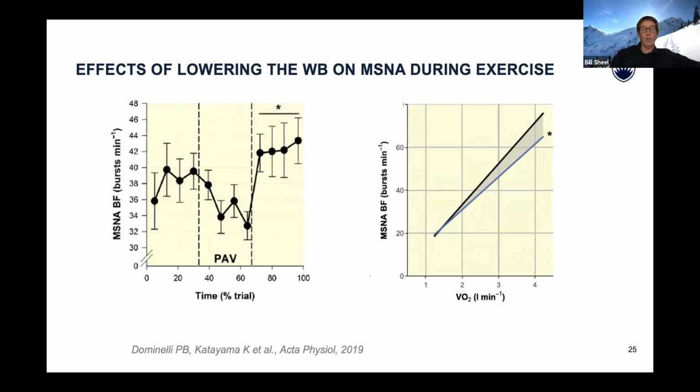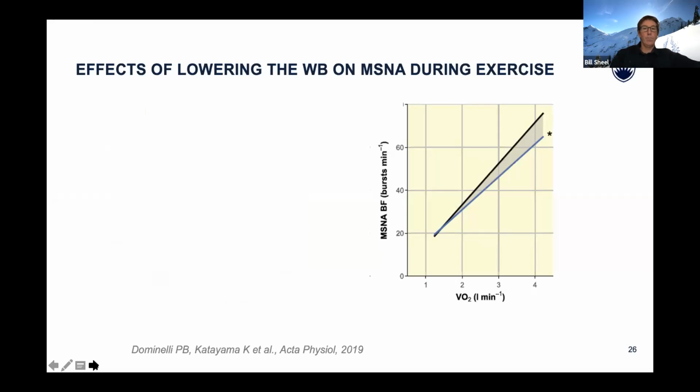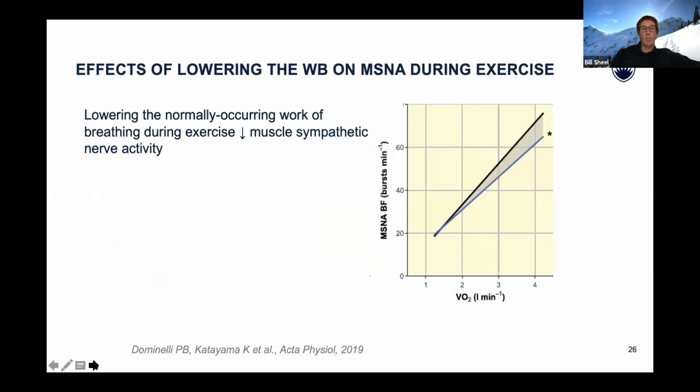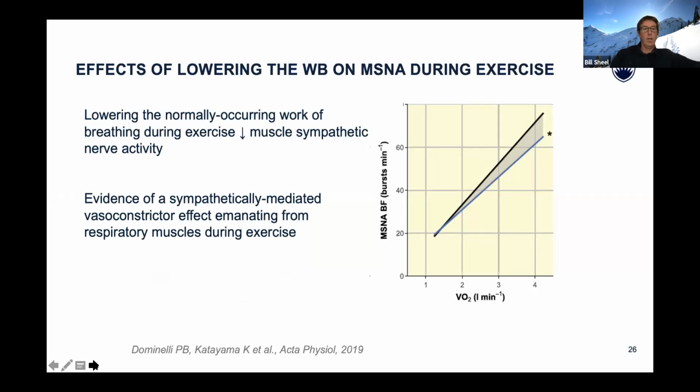So we're interpreting that the shaded gray area is reflective of the respiratory system's contribution to sympathetic vasomotor outflow during dynamic exercise. So in sum, lowering the normally occurring work of breathing during exercise reduces muscle sympathetic nerve activity. We think this is evidence of a sympathetically mediated vasoconstrictor effect emanating from the muscles of respiration during exercise.